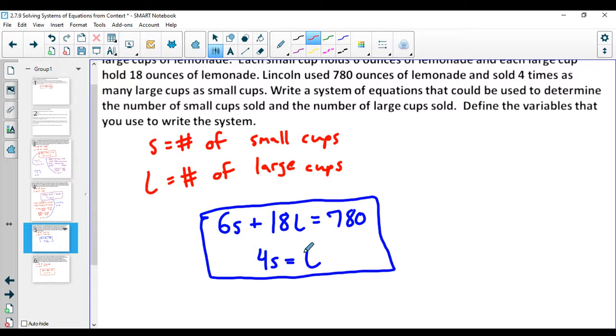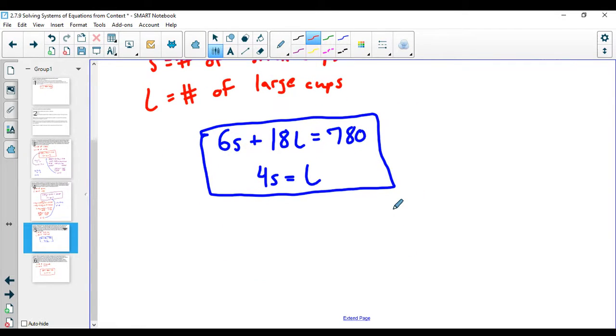So, for example, if you sold 2 small cups, you would expect to have sold 4 times as many large cups, or 8. And if we plug that into this equation, it makes sense, right? 4 times 2 is 8 large cups. So that's how I think about those.